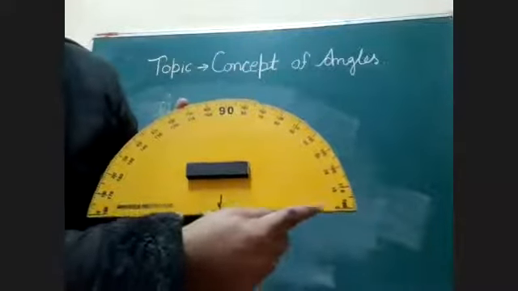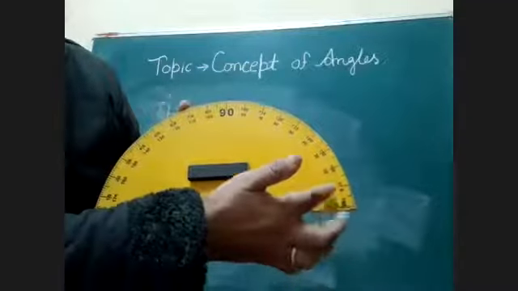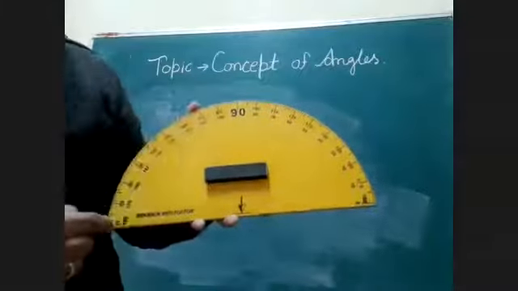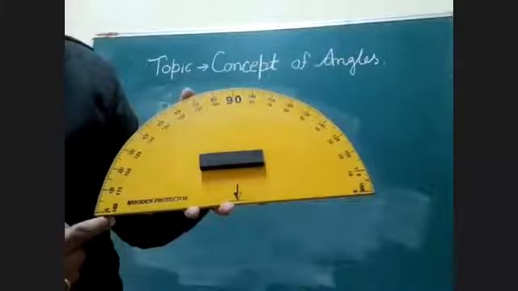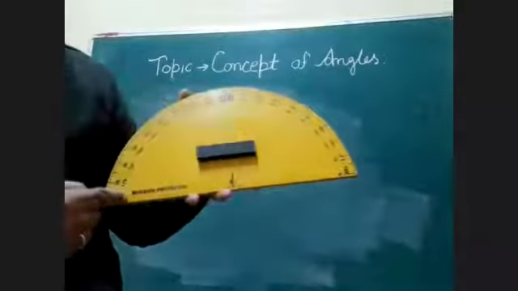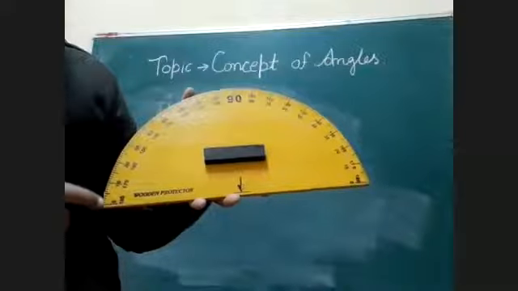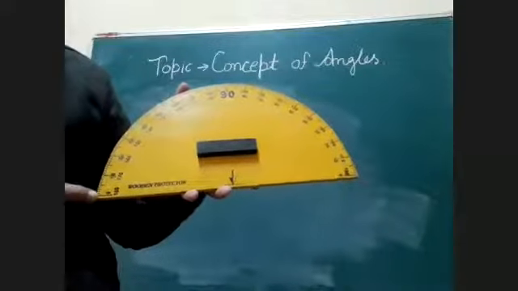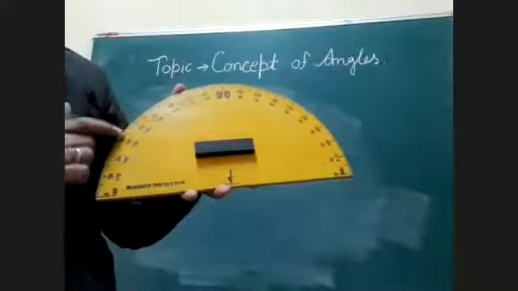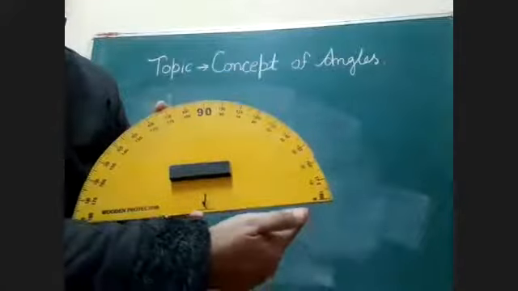It starts with 0, 10, 20, up to 90 at the center, and at last 180. Now the outer scale starts from the left-hand side: 0, 10, 20, 30, 40, 50, 60, up to 180.